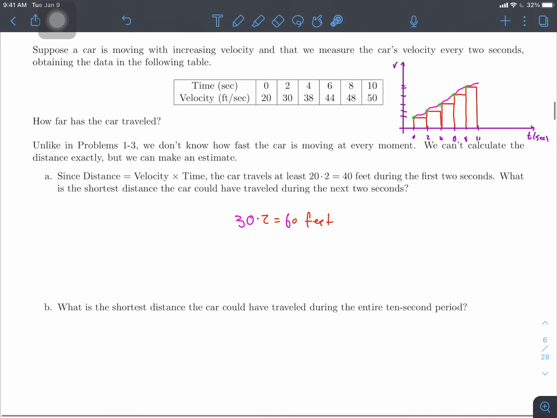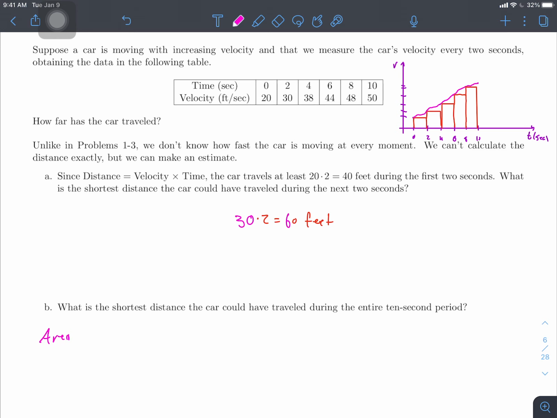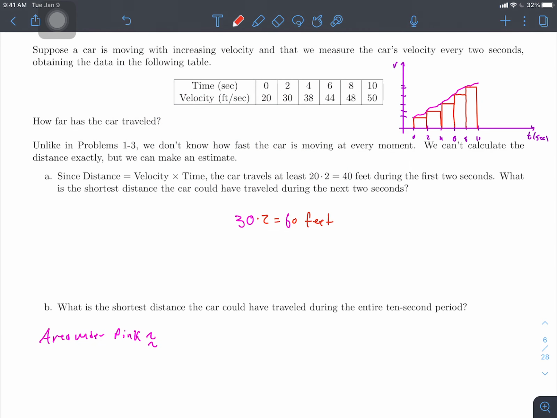So if I want to find the area under the pink curve, the area under the pink curve is approximately equal to 20 times 2 plus 30 times 2 plus, I'm going to do 38 and 44 and 48 for the last three, so 38 times 2 plus 44 times 2 plus 48 times 2.